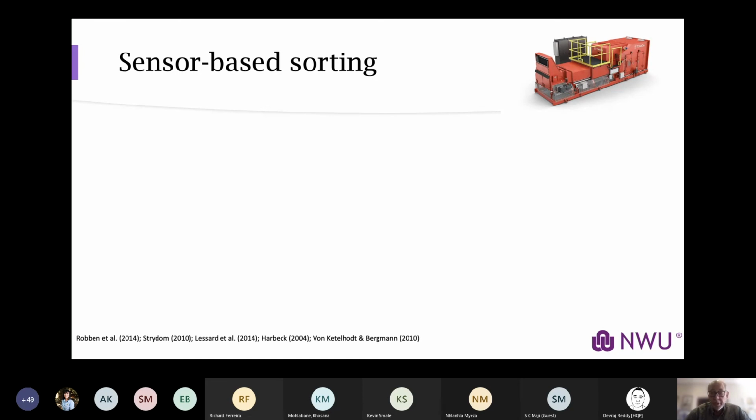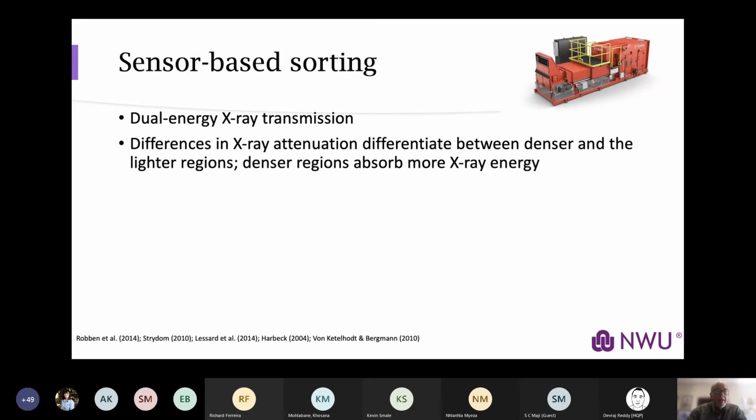Now, sensor-based sorting, once again, I don't want to say too much because we all know the X-ray sorters, we know how they work, and they are already established in the industry. So it works with mostly dual energy X-ray transmission, and it works on the difference in X-ray attenuation that differentiates between the denser and the lighter regions, because the denser regions absorb more X-ray energy.